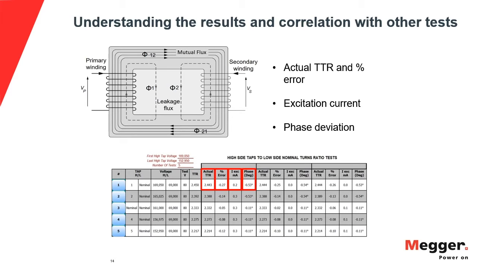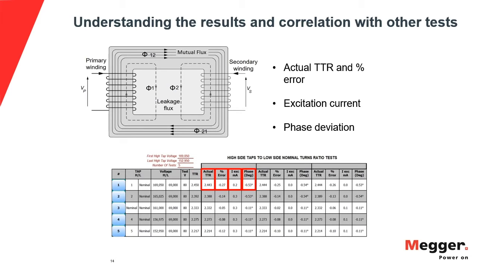By the IEEE standard, that percentage error should not be more than plus or minus 0.5%. Obviously, if I get a percentage error larger than that, it means that my transformer has an issue related to the windings or the core.